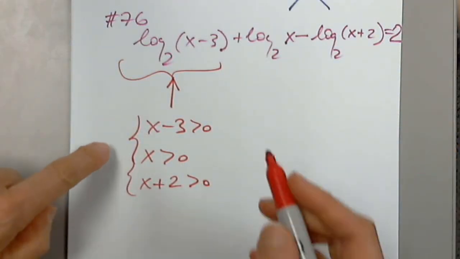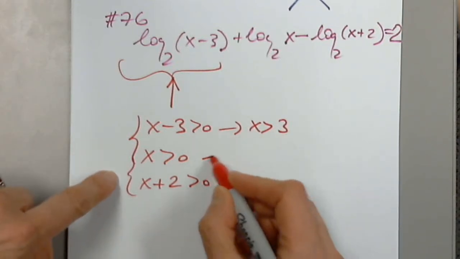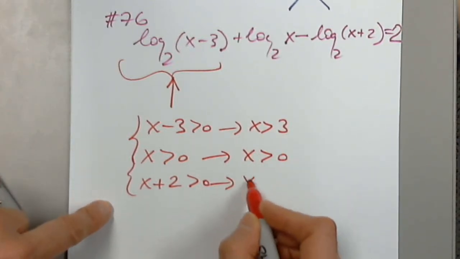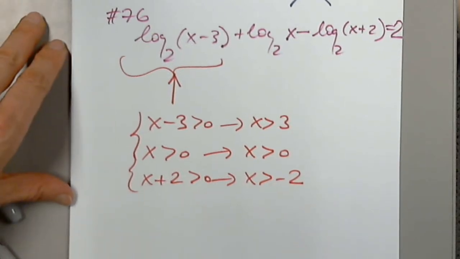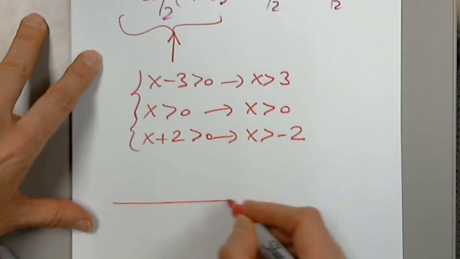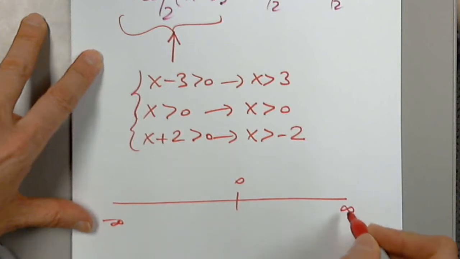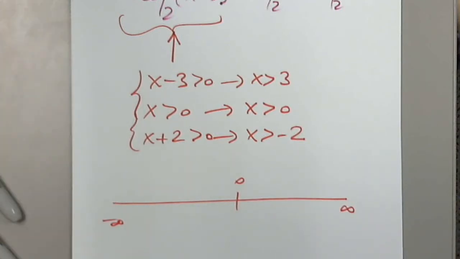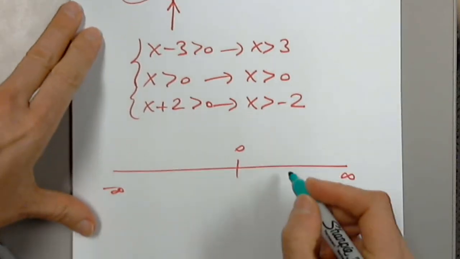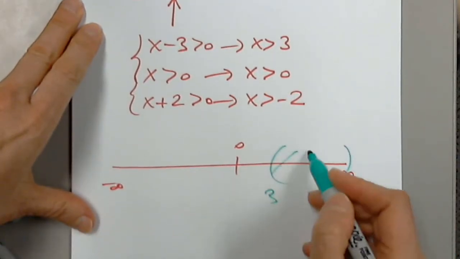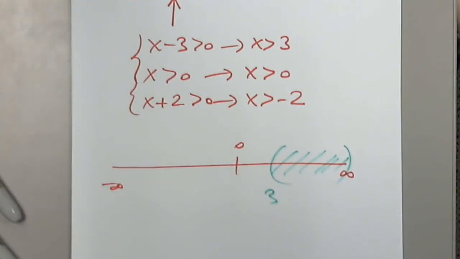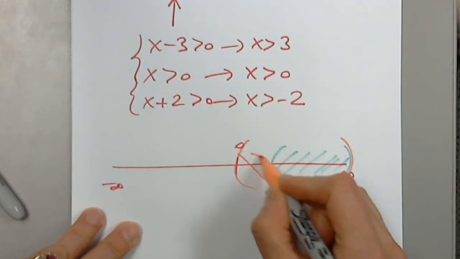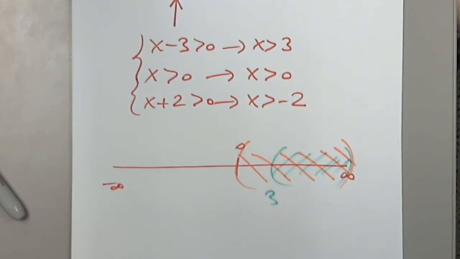Good. So I'm solving this, x greater than 3. I'm solving this, x greater than 0. I'm solving this, x greater than negative 2. I'll try to find the common territory, the common domain. Greater than 3. Greater than 0. And greater than negative 2.